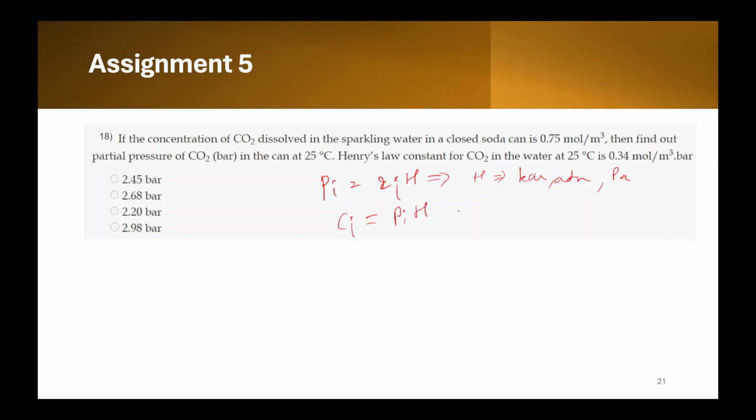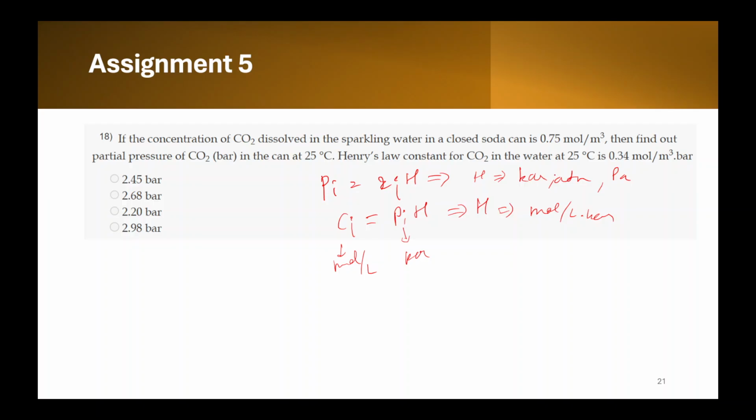But from here you can see that this is concentration, so it can be mole per liter. This is in your bar, suppose. So the unit of Henry's constant from here will be mole per liter into bar.